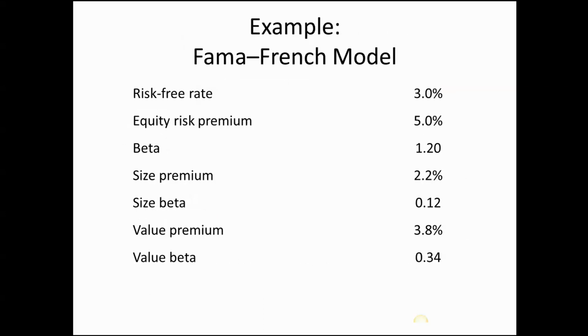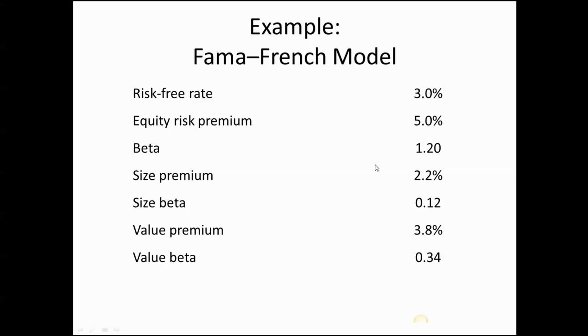So for an example, after we calculate the correlation coefficients for each of these risk premiums, we can then calculate the required rate of return for the stock. In this case, we have a risk-free rate of 3%, an equity risk premium of 5%. So in terms of the capital asset pricing model, this would be the premium on the market.